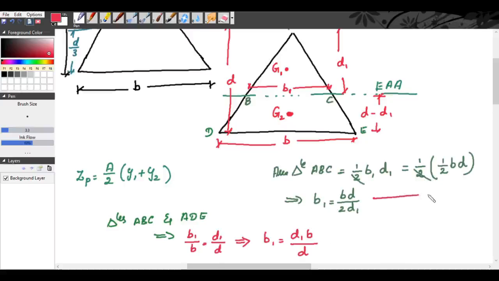So we can take this as equation number 1 and this as equation number 2.